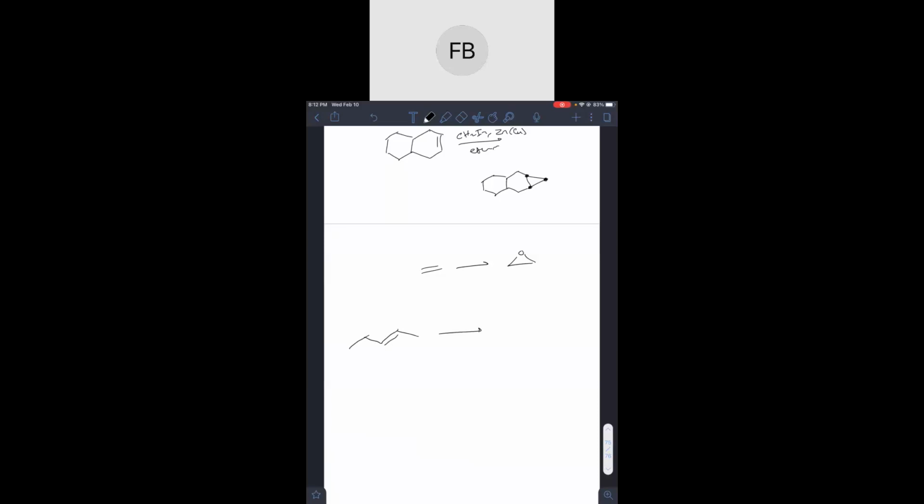So if I reacted this with CH2I2 and zinc, I don't remember this at all. I don't think anyone's brought it up this semester so far. So basically, you form your triangle, right? Remember, it's not the epoxidation triangle. And then they're going to be cis to each other, each side. Okay?